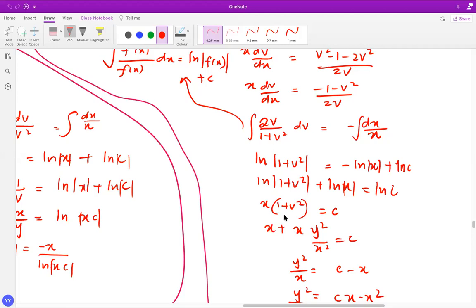This is the substitution I showed earlier, of the f dash x over f x format; you can remember it that way. So it is straight away ln of 1 plus v squared. When you get rid of the v term, you replace v by y over x, and you simplify to get the expression. So this is how you use the homogeneous technique to solve differential equations.